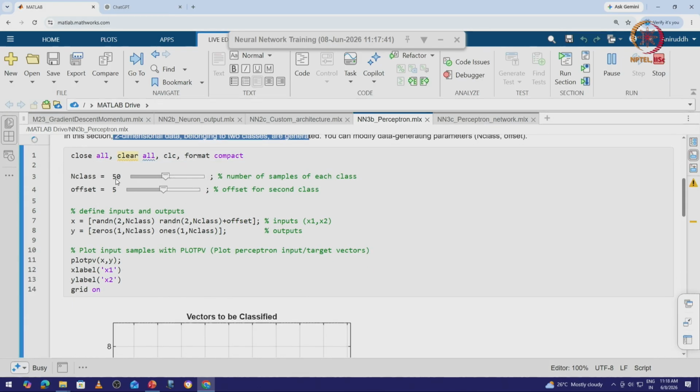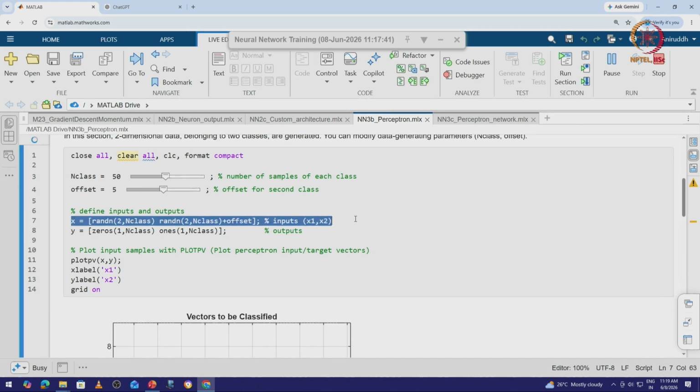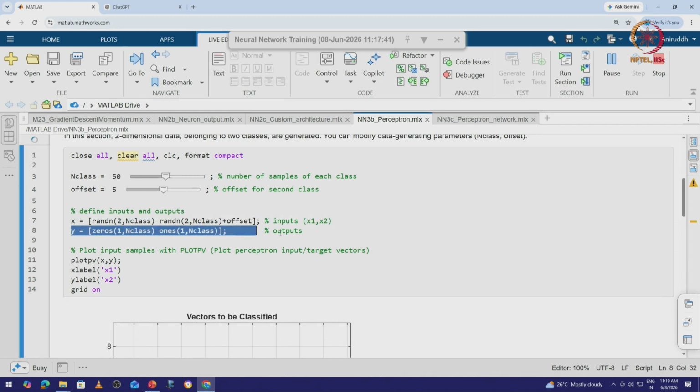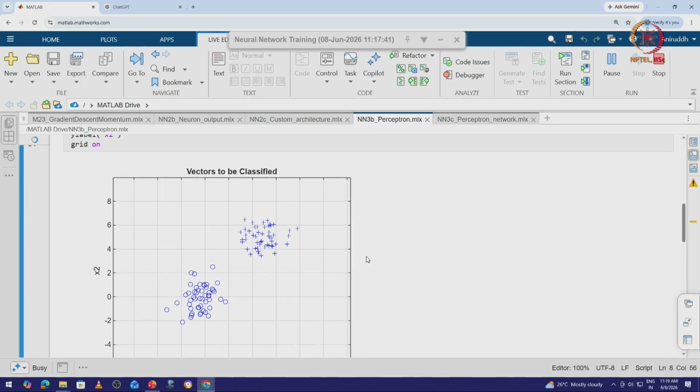Let us take the number of samples as 50 per class. Let us keep the offset from the class as 5. Let us define these classes given as x1, x2, and for both of these classes let us define the outputs y. Once we plot it, we can observe how the classes look.